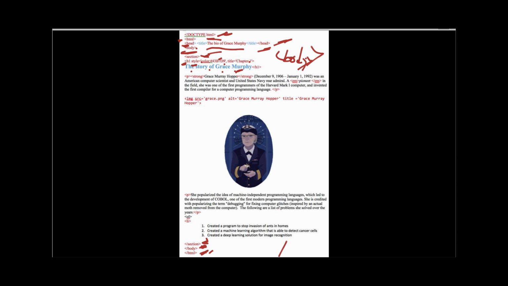So the attribute in this case, style is the attribute, the value is the color, and of course you give it the color code. Then title is the attribute and chapter 1 is the value. So whenever you introduce an attribute, you always give it a value, and the value is always in quotes. You could use the double quote, or you could use the single quote. It doesn't matter, they both work.